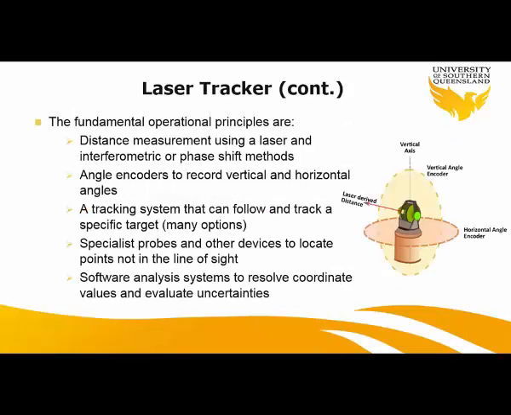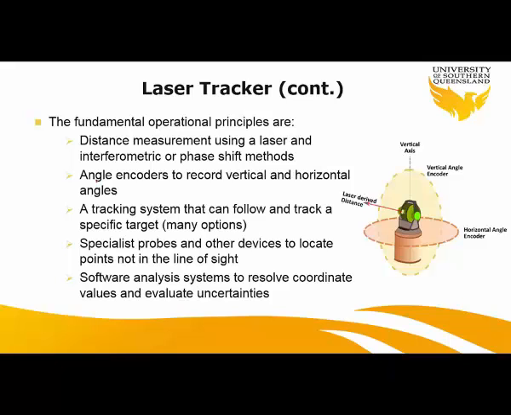The fundamental principle is pretty much like any other laser system. The difference between the laser tracker and laser radar is that laser tracker measures the absolute distance as well as relative distance, so we can measure both, because it has a laser interferometric system as well as absolute distance measurement, so that you can combine two systems together and get the absolute and relative distance.